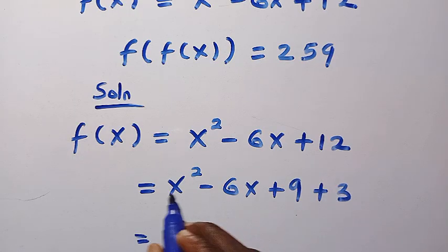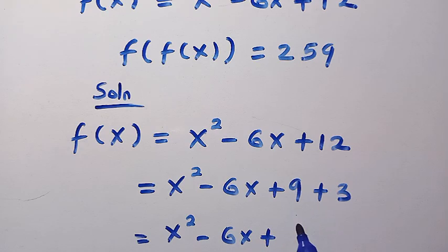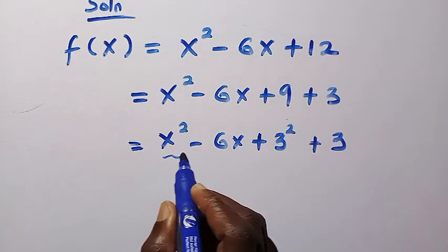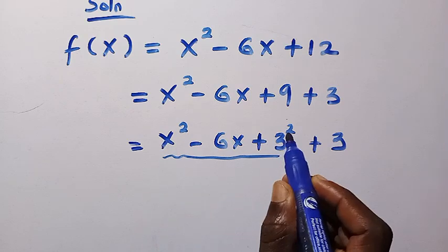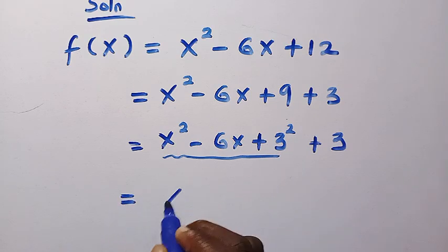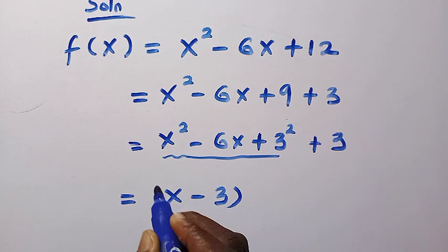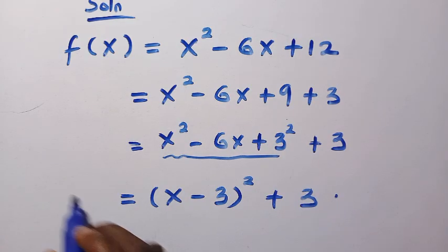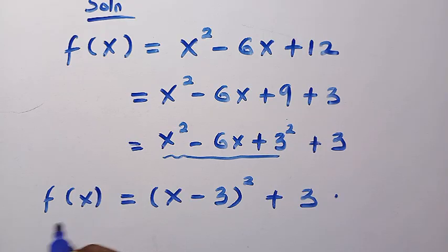And here x squared minus 6x plus 9, the 9 is the same thing as 3 squared, then plus 3. The whole expression from x squared to plus 3 squared is given as x minus 3 squared plus 3. So if we write the function in this form, f of x equals x minus 3 squared plus 3.